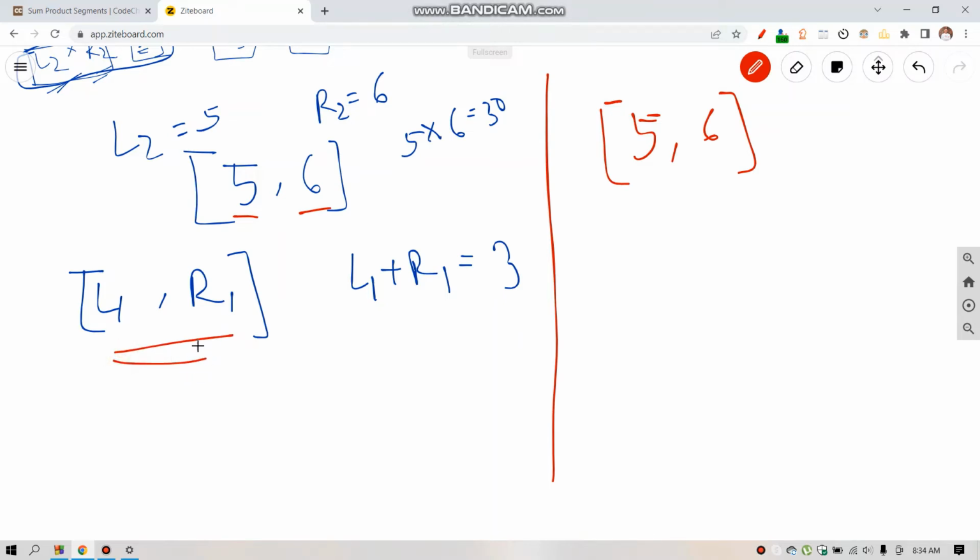One possible segment can start from 7 and finish anywhere, right? Because we can't take 6 here. If you take 6 here, it will intersect with the previous segment.